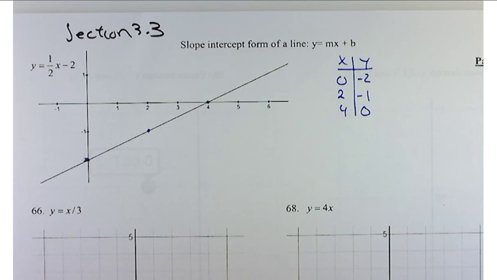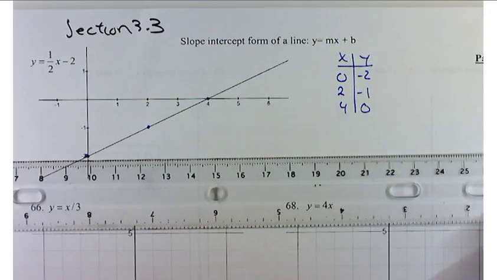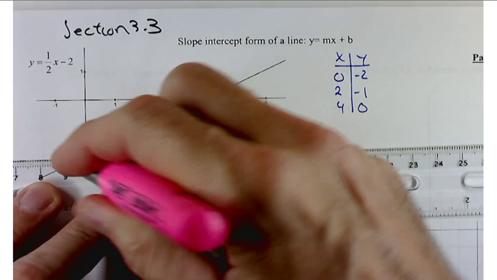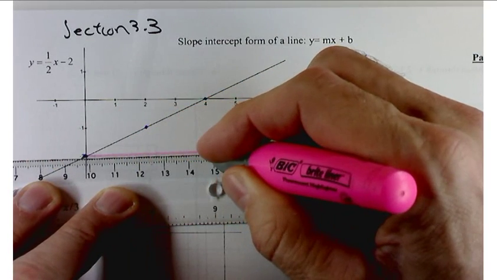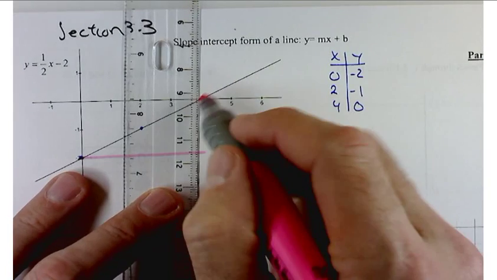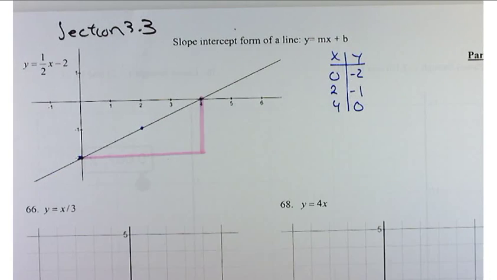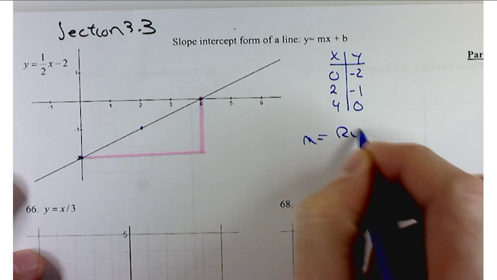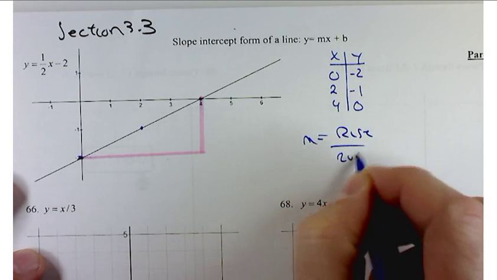The other day we went over the slope of a line. Let's do a visual calculation of the slope. So the slope was the rise over the run. Let me graph the run. Let me graph the rise. So m is the rise over the run.